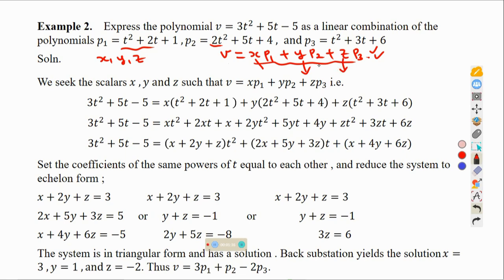If x, y, and z exist, then we shall have v as a combination of p1, p2, and p3. If the values of x, y, and z don't exist, then v cannot be expressed as a linear combination of p1, p2, and p3.